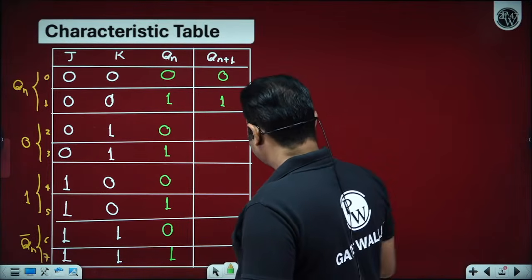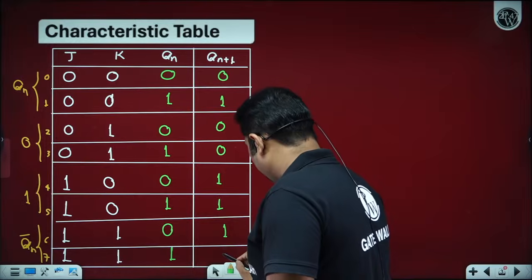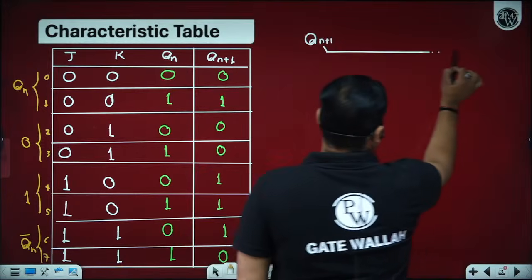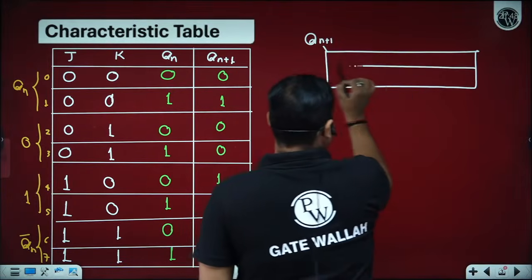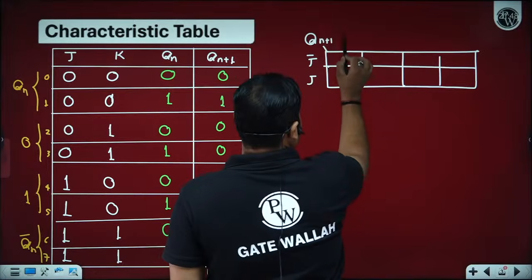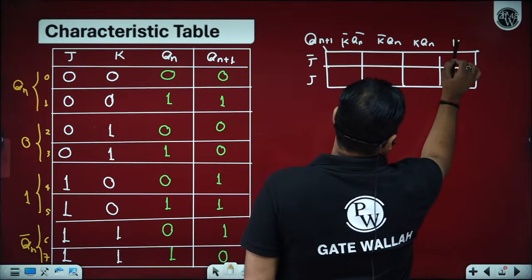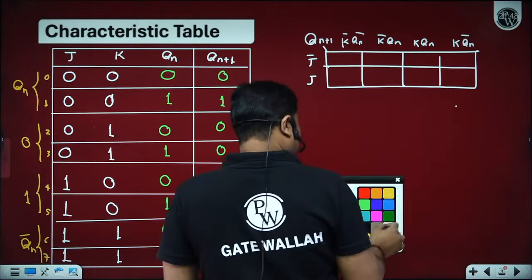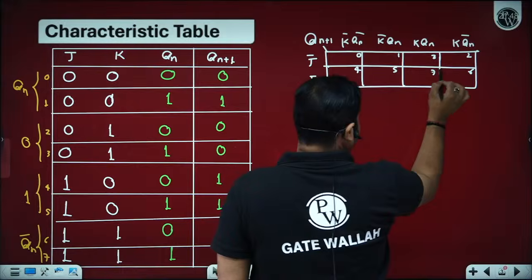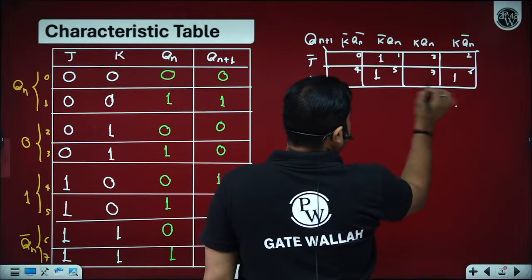0, 0, 1, 1. 1 0. Now please observe that we have Qn plus 1. Already I have completed this characteristic equation: J bar K bar Qn bar, J bar K Qn, J K bar Qn bar, J K bar Qn, and we have the binary 0 to 7, where we get logic level 1 at 1, 5, 6 and 4.